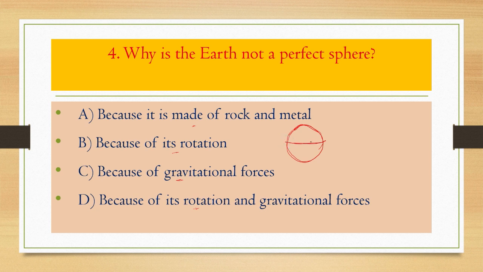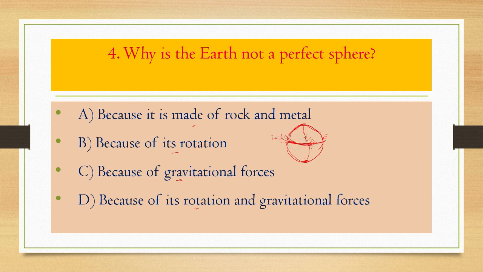When it is rotating from west to east, whatever mass, gases or molecules are at the polar region will be turned towards the equator sides. It moves toward the equator because of the centrifugal force.